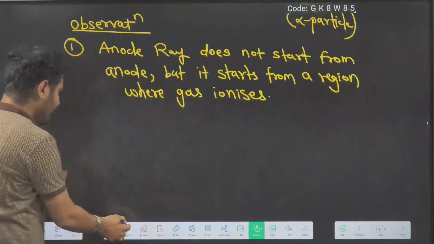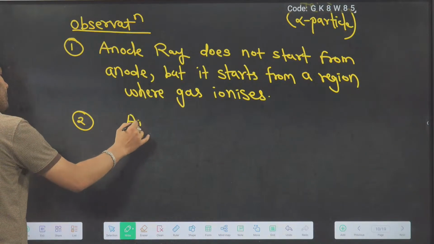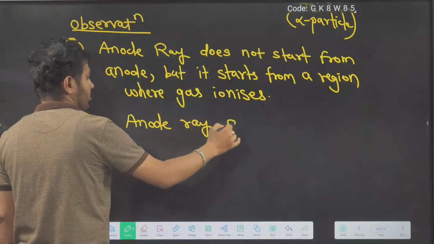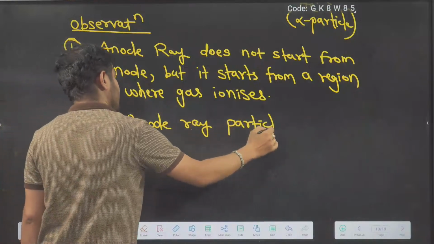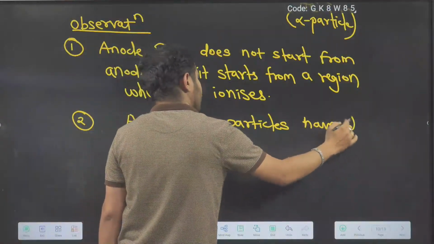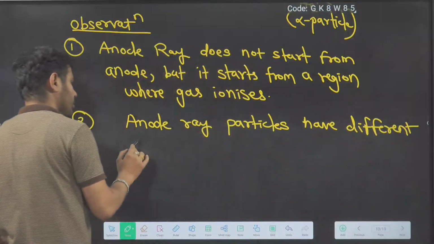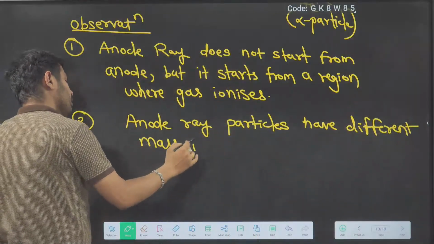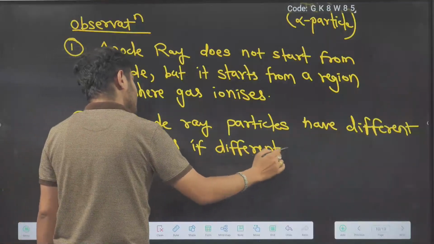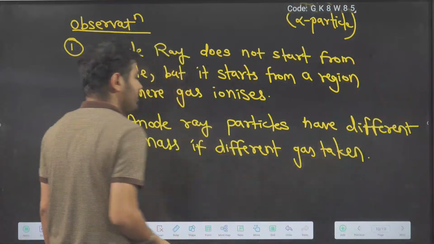The second point is, anode ray particles have different mass if different gas is taken. If you are changing the gas, then different mass will be there for the anode ray.